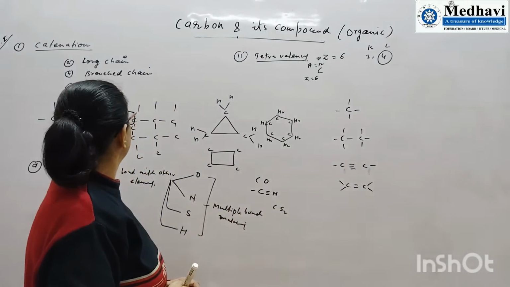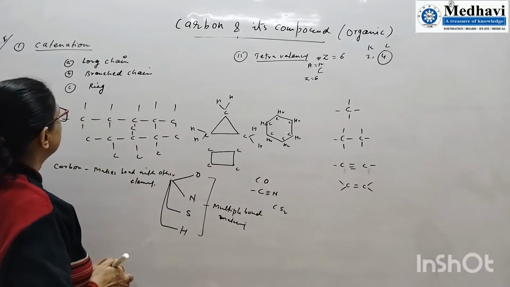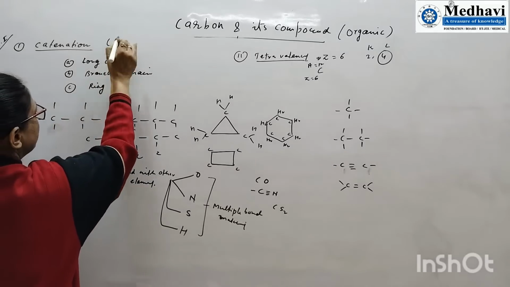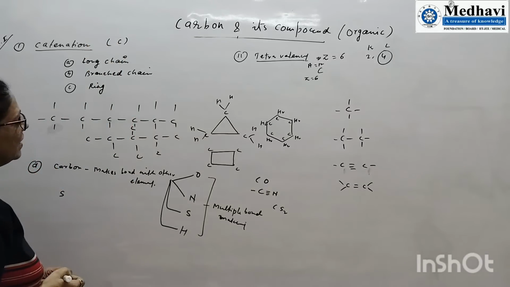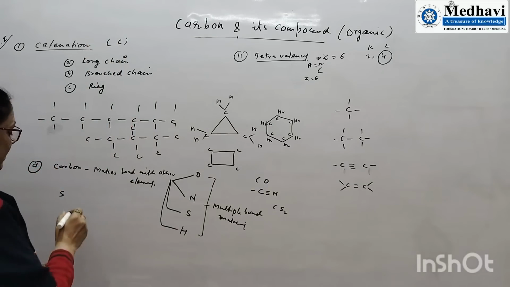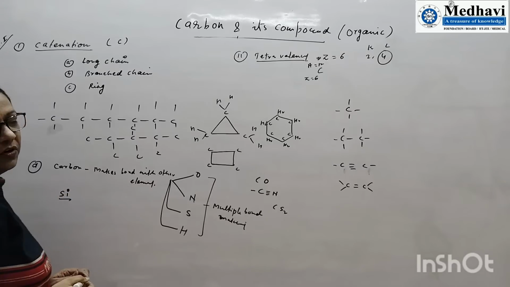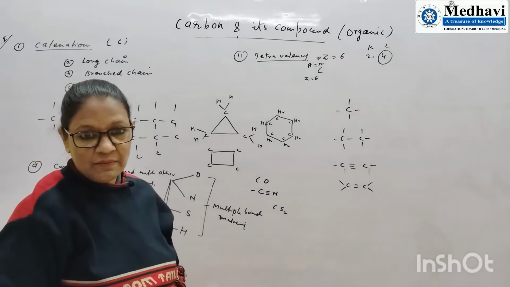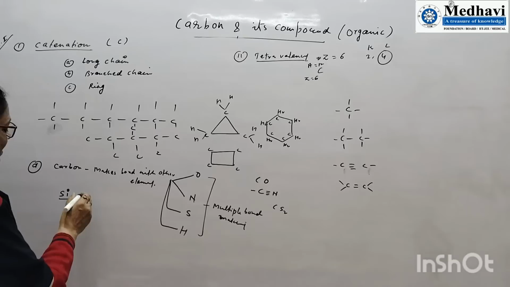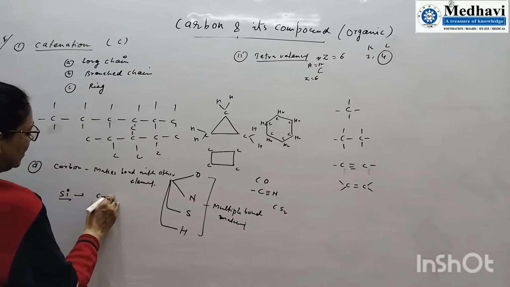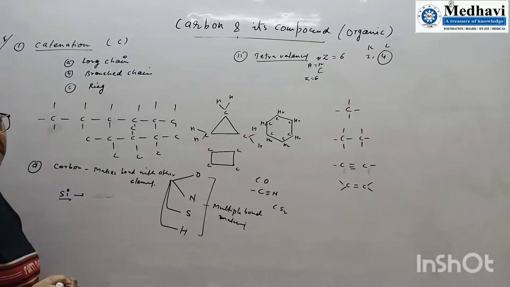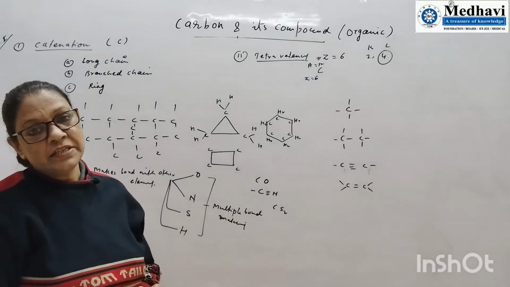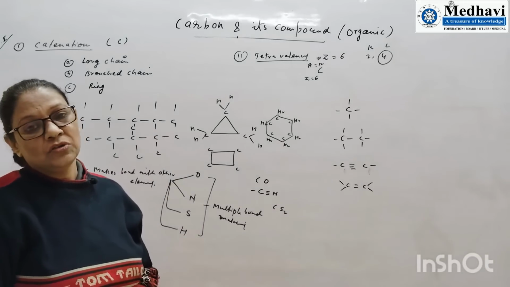One thing I want to remind you is that this catenation property is for carbon only. Silicon belongs to group 14. It is a carbon family member, and it also has a tendency to make long chains with hydrogen, but it is highly reactive, so unstable.